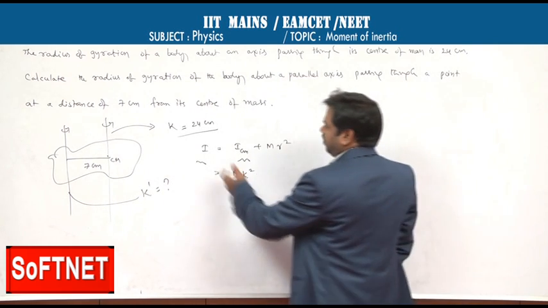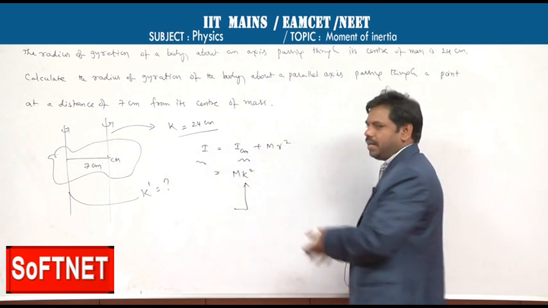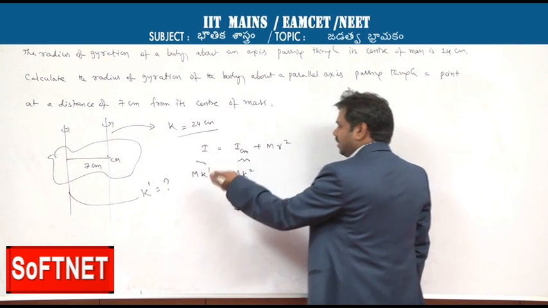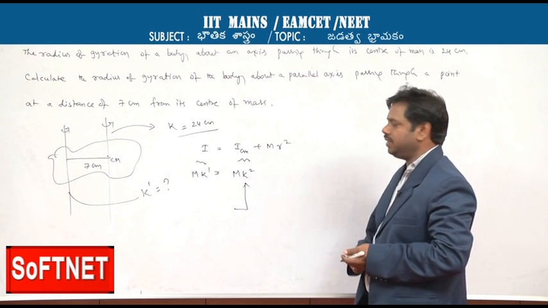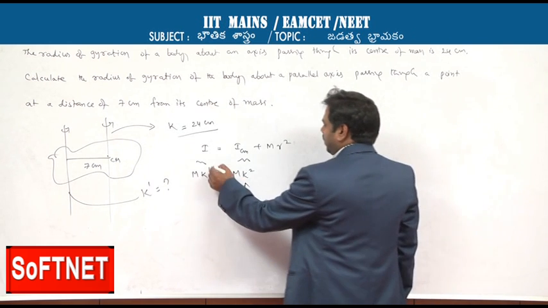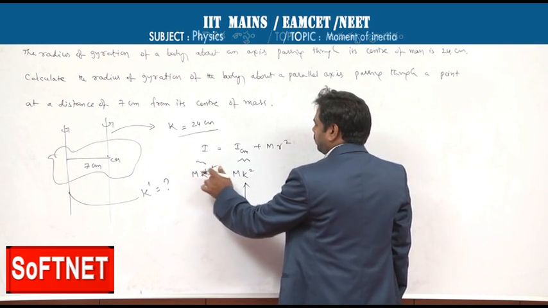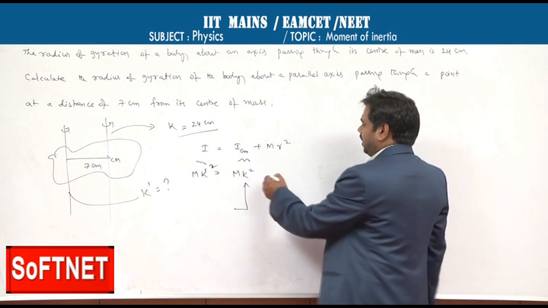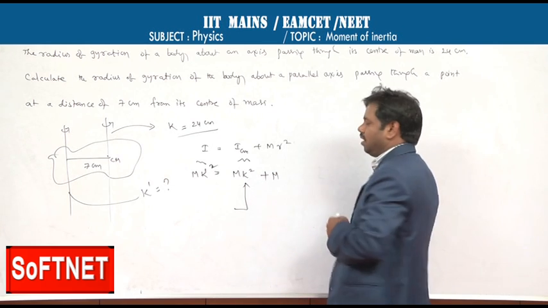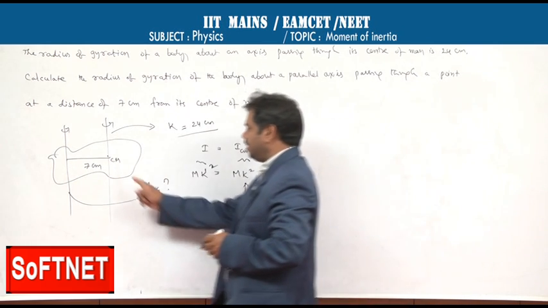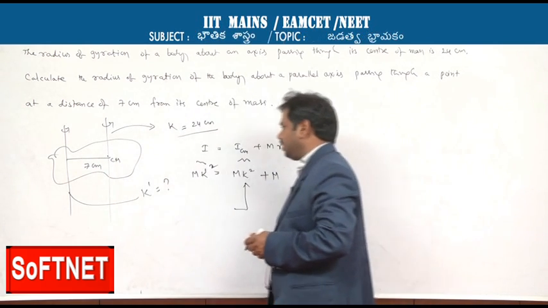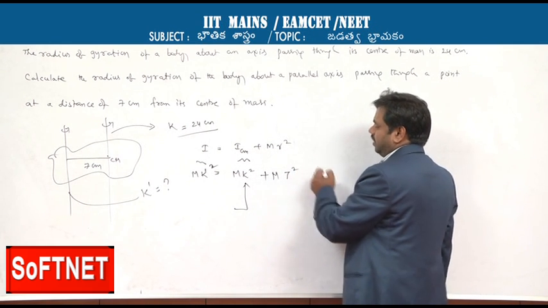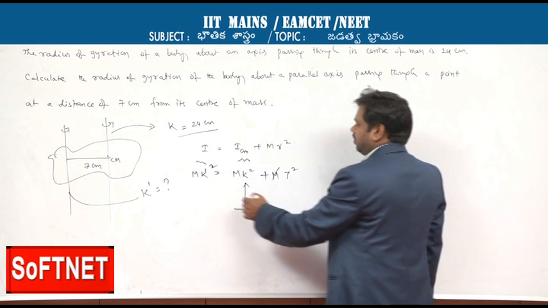And similarly, the moment of inertia of the same body about the parallel axis, I is equal to, of course, the moment of inertia changes as well as the radius of gyration also changes. You call it K dash square, m K dash square is equal to m K square plus m r square, where r is the perpendicular distance between the two parallel axes, that is equal to 7 square.